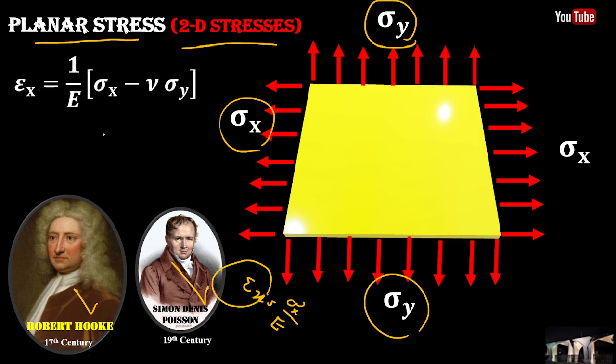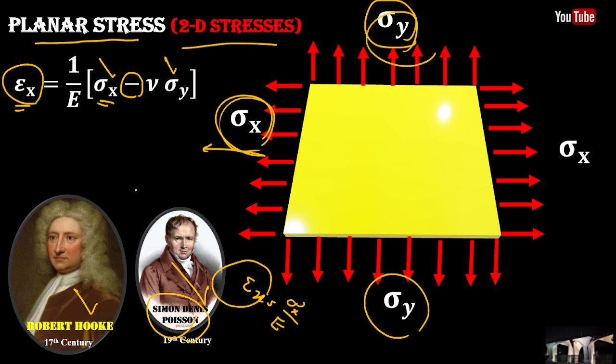So epsilon x is 1 over E times sigma x minus nu, Poisson's ratio, times the sigma in the other direction.